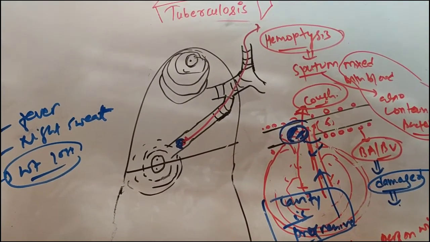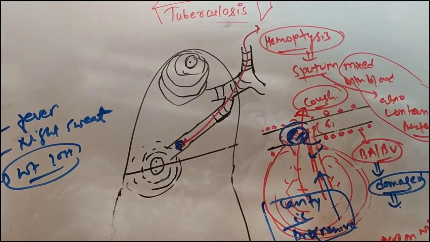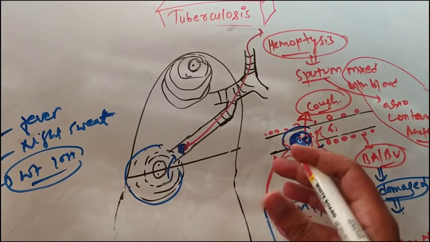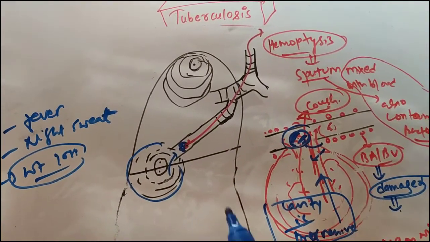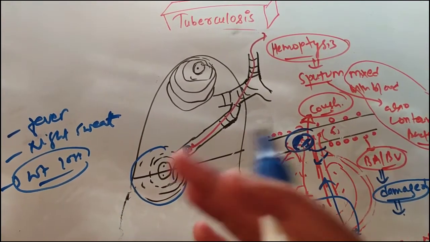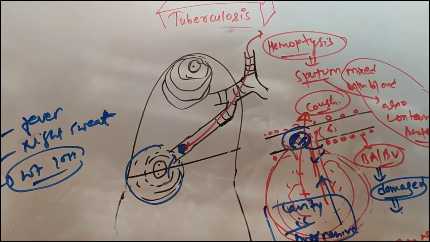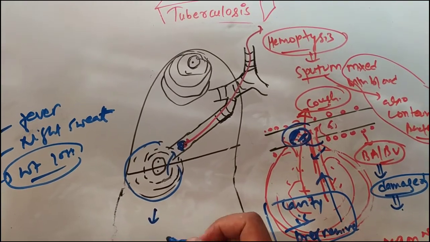In that case, you should understand that now the cavity has enlarged so much that is why the cough is containing the blood. So whenever a patient with cough plus blood comes, you should suspect that this patient is at a higher stage of tuberculosis.